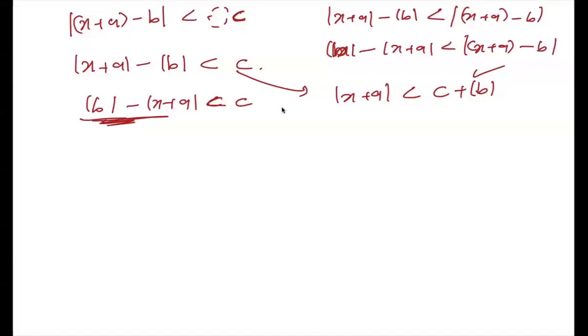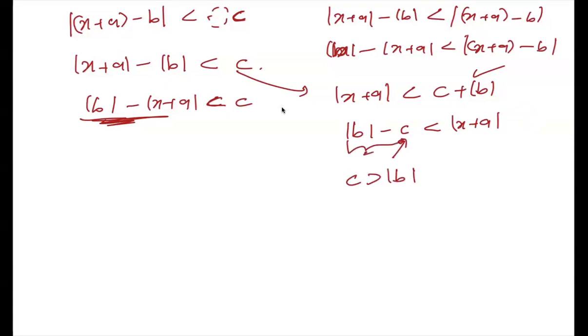But for the second inequality, you want to get |B| minus C greater than |x plus A|, because in some problems you have to get this inequality as well. In such cases, what would happen if we pick a value, let's say C, greater than |B|?